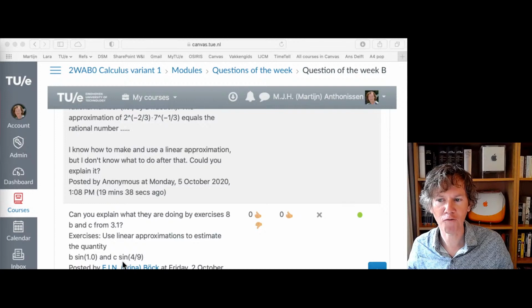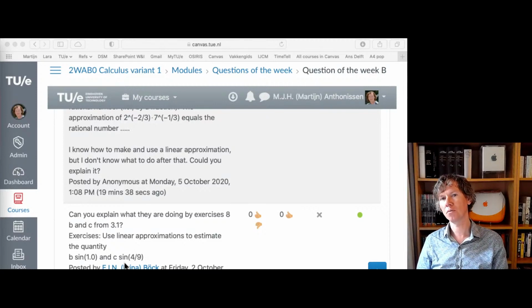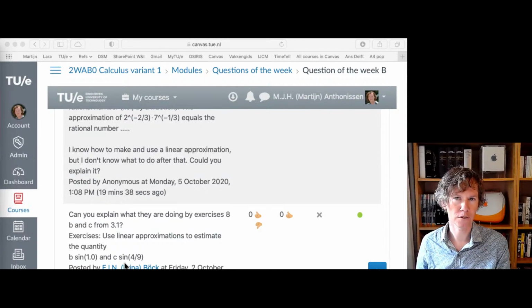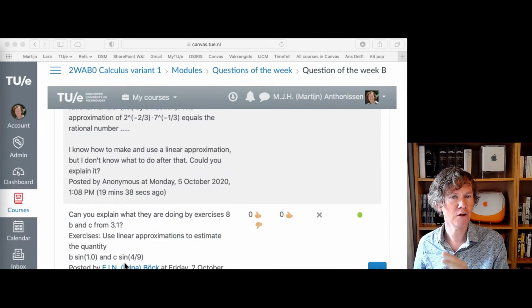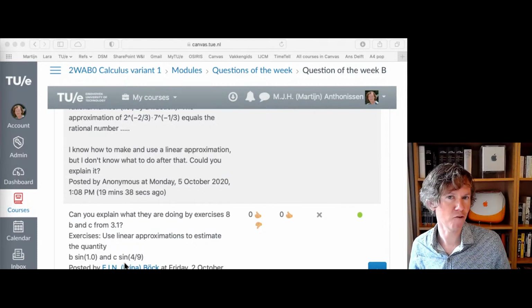And here for the sine of 4 over 9, the book uses 2 times pi over 3. Apparently that's close to 4 over 9. So you have to find a point x0 that is close and for which you know the exact function values, and then you can use them. But as I said, if we would ask this in a test, we would most likely give you the x0 where you would have to find the linear approximation, and not ask you yourself to find this x0 point. Okay.